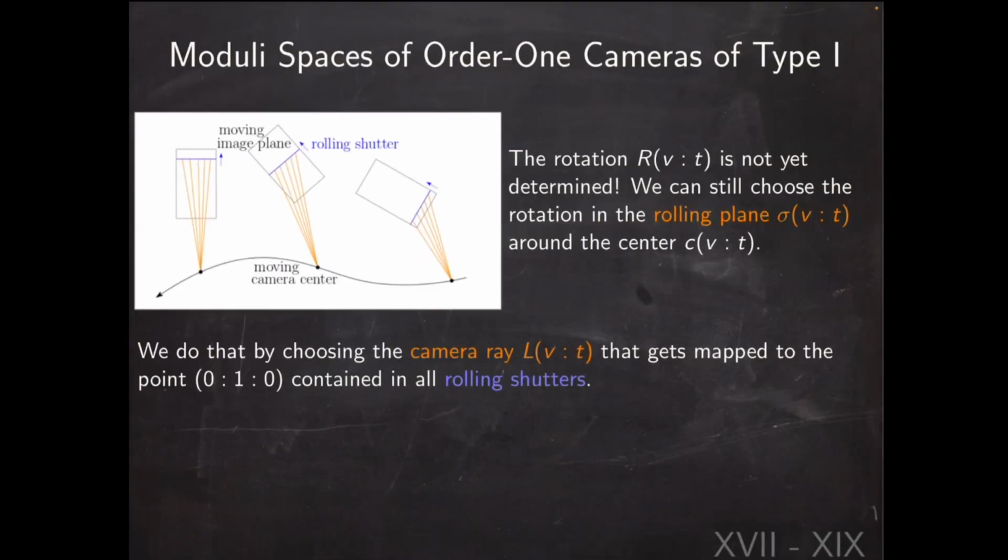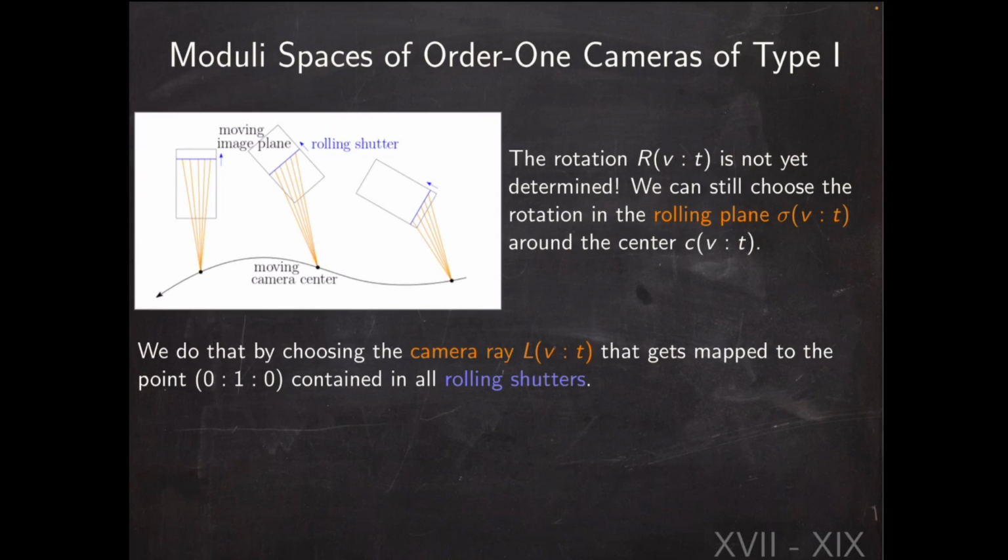Okay, and so one could fix the rotation by choosing which orange camera ray gets mapped to your favorite point. In fact, you could choose your favorite point on a given rolling shutter.